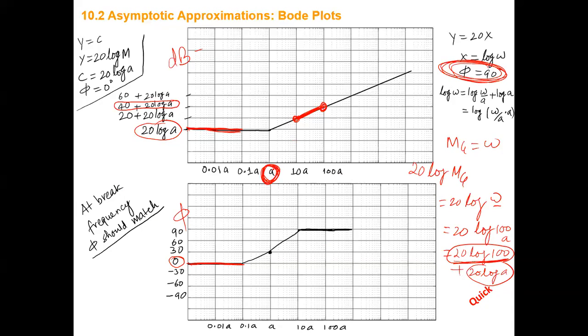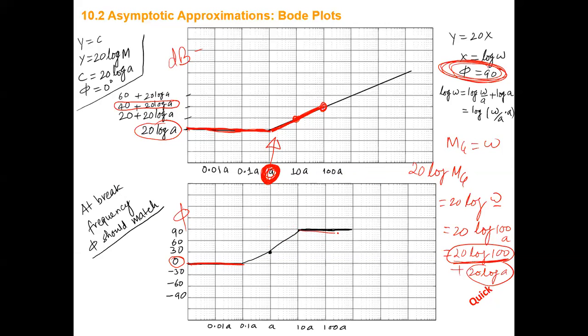Until A, they don't change. They change at A only. That's why, with the help of the break frequency, we assume that since this is the break frequency, there is nothing changing here up to the break frequency. It comes like this. By the help of this break frequency, we can fill in the blank.